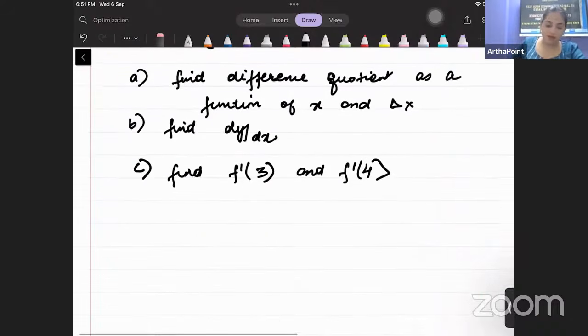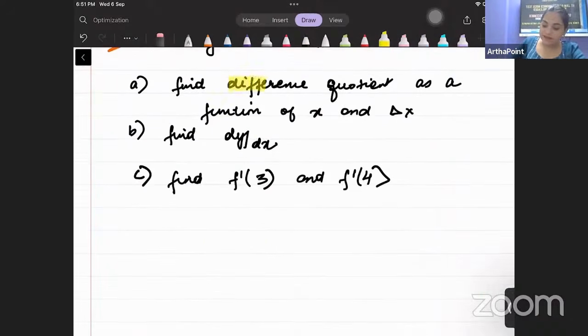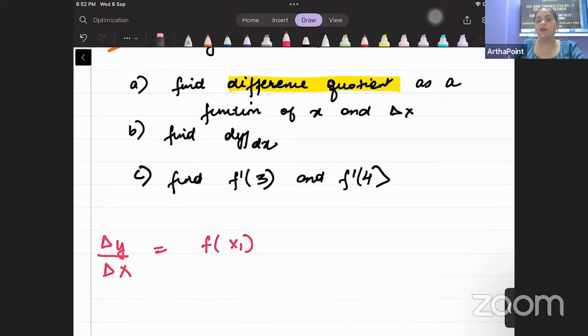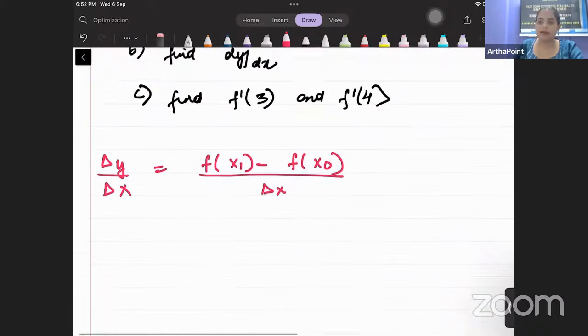Let's start. So first of all, I want to find the difference quotient. But how did I explain that? Everybody will do it with me. It is change in y by change in x. What is change in y? Value of the function at the new value of x minus value of the function at the old value of x, upon change in x.